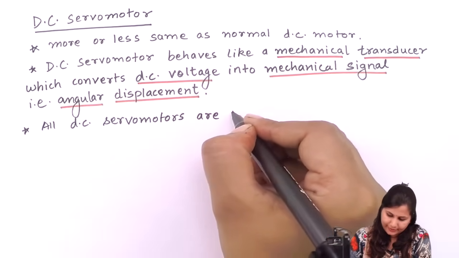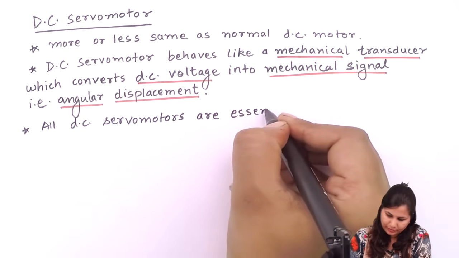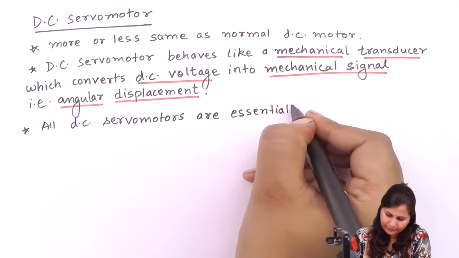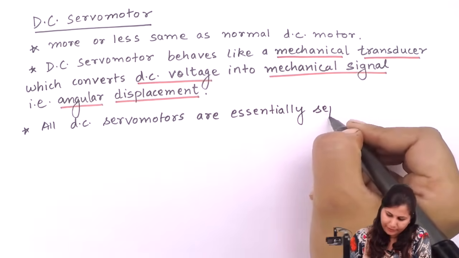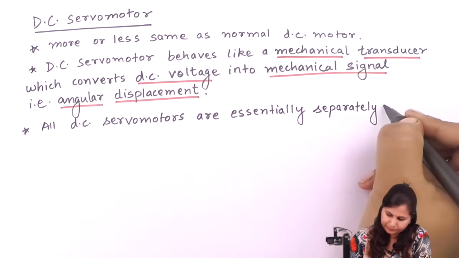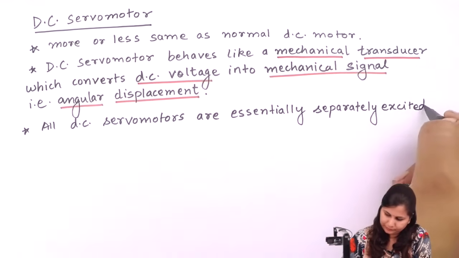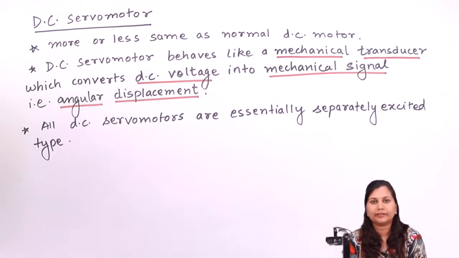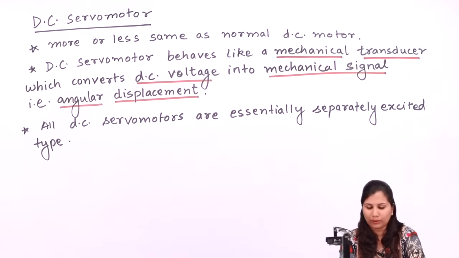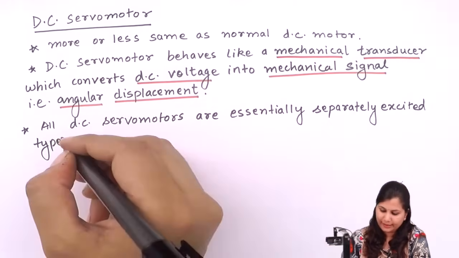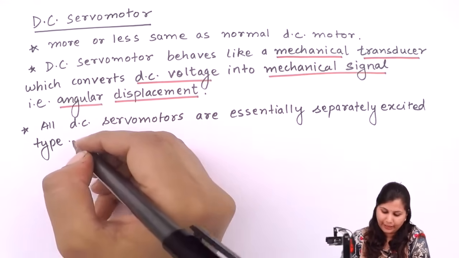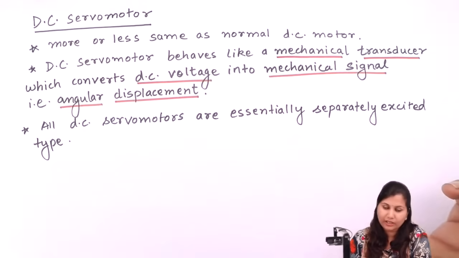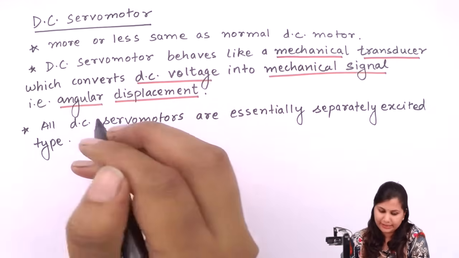Now all the DC servo motors are essentially separately excited type. That is, they are separately excited by different supply voltages. And why are we using them as separately excited?